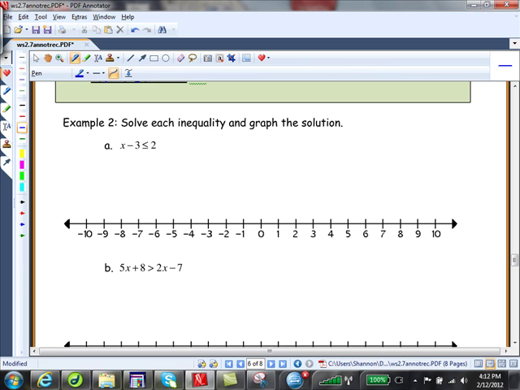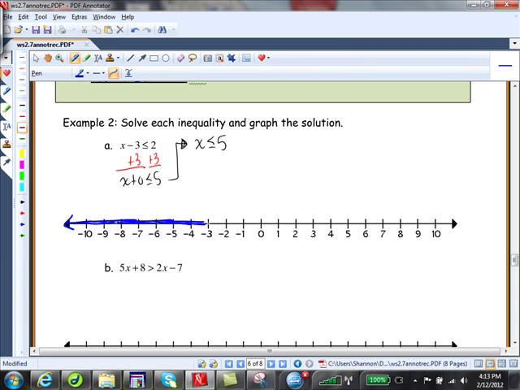Okay, so let's look at these problems. Here's our inequality. If we add 3 to both sides, we will get x plus 0 is less than or equal to 5, which gives us a result of x is less than or equal to 5. That means x is moving to the left of 5.